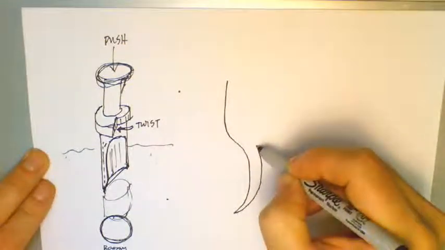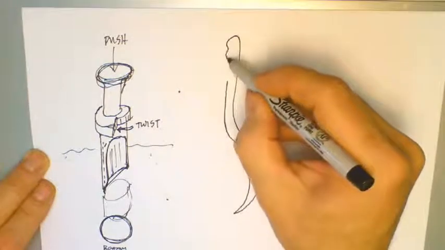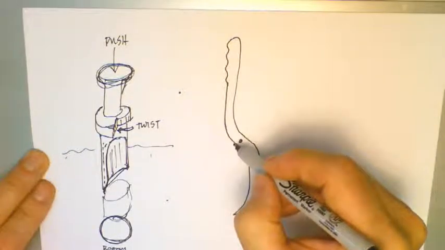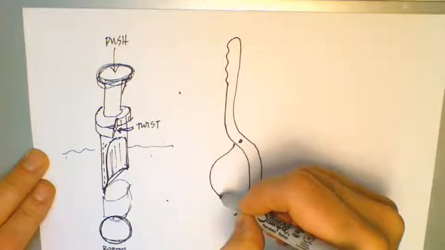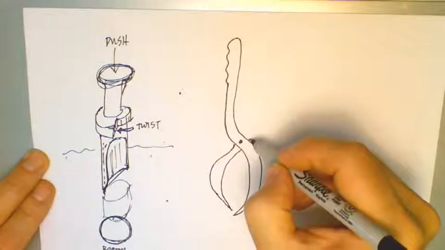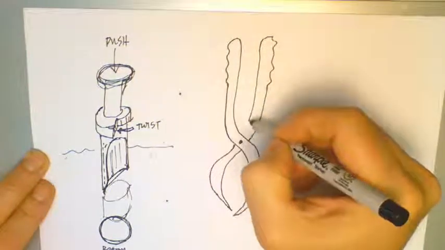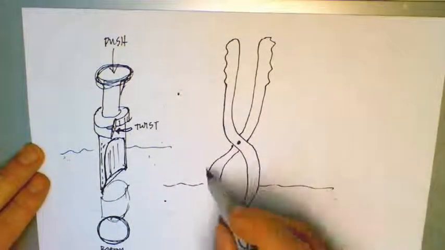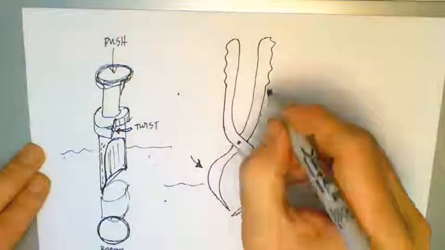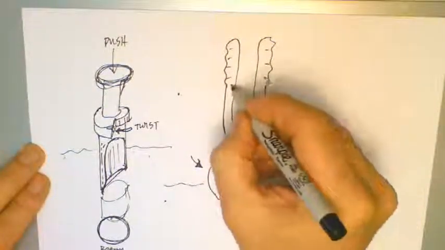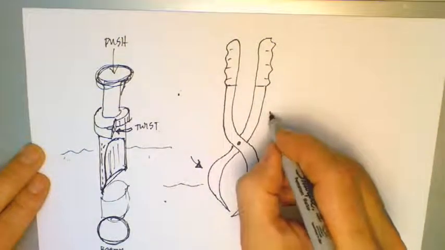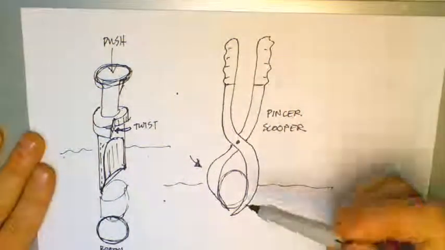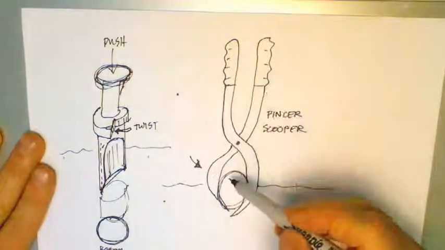It would be like a shear of some kind, and let's see, it's going to have a jaw that comes this way as well, and you're going to put it in the ice cream, and this thing is going to come down. So it's a pincer scooper.